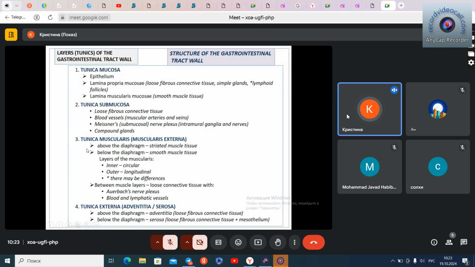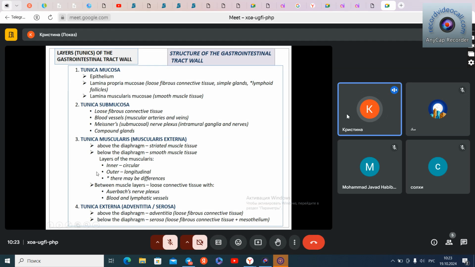Above the diaphragm, in the organs of the oral cavity, in the pharynx and in the esophagus, we have striated muscle tissue because it is voluntary and it helps us to chew and swallow the food voluntarily when we want to. Below the diaphragm, the tunica muscularis contains smooth muscle tissue.